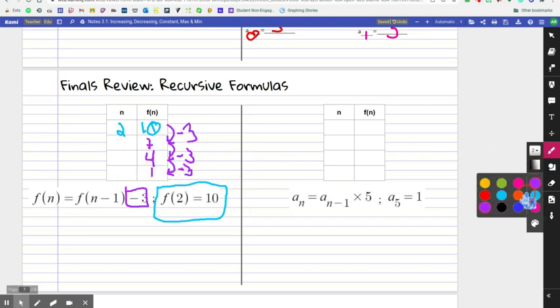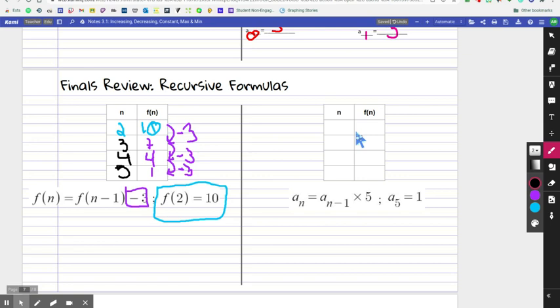And then the stuff on the n column side, well, that just goes 2, 3, 4, 5. So that back number, that f of 2 is equal to 10 or a sub 5 equals 1, that tells you how to begin on your table.